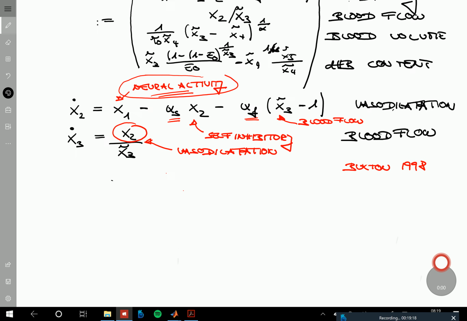So let's spend a little bit of time looking at these equations. So first, the rate of change of the venous blood volume.